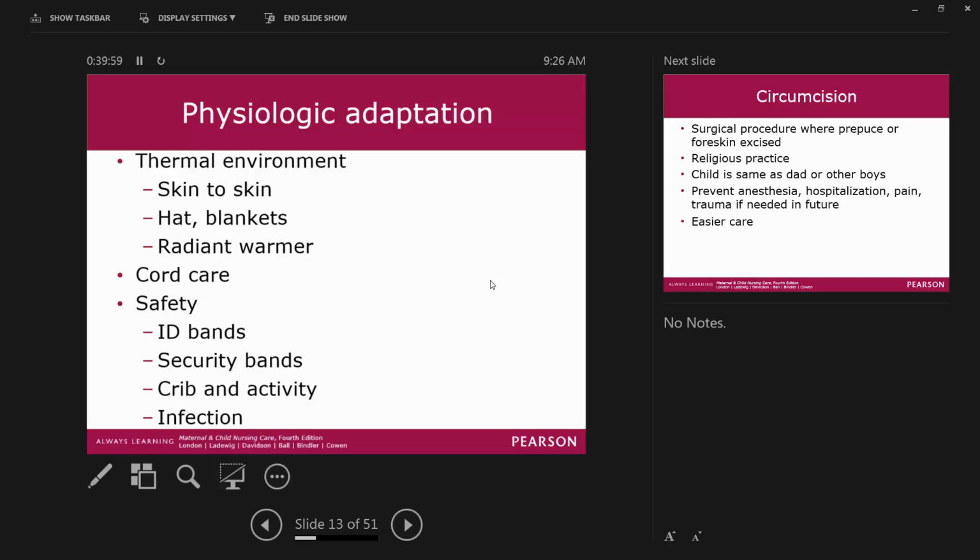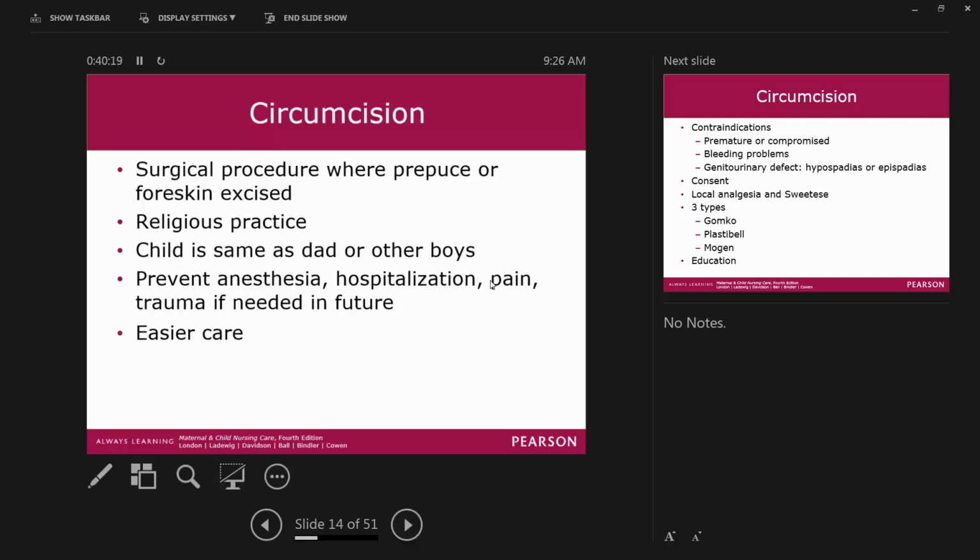We instruct our patients that if you want to leave the room, your baby has to be in the crib. You can't carry your baby in the hallway in the unit. It has to be in the crib. But you can take the baby out in the unit and walk around, but the baby can't leave the unit. And then, of course, we're going to do all of our infection control, our infection prevention practices.